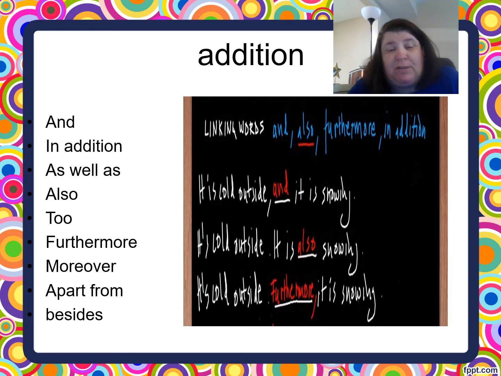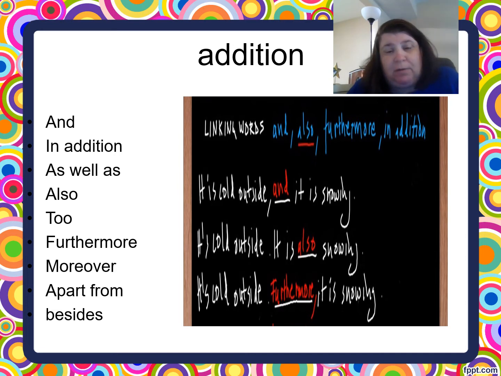So we look at the first sentence. It's cold outside, and it's snowing. So they're combining the sentences that it's cold outside, and also adding that it's snowing out. They're just adding an additional fact in there. They can take the same concept and apply it to the second group of sentences. It's cold outside.